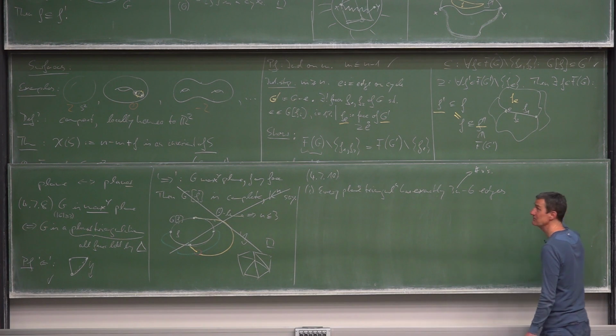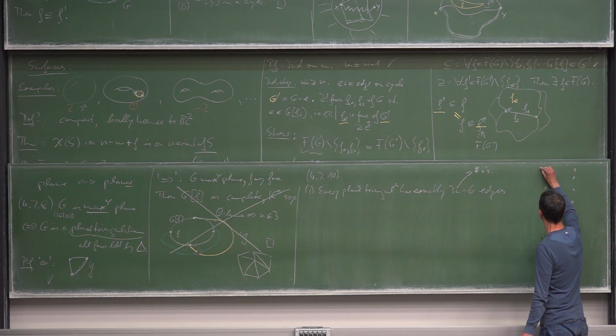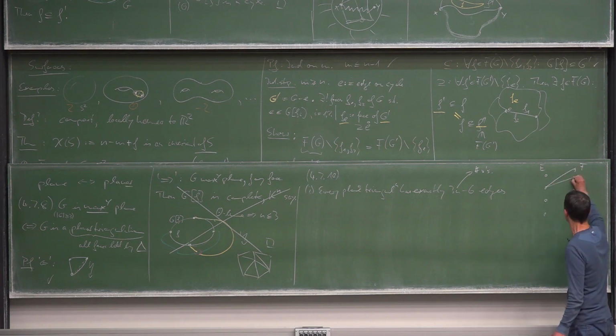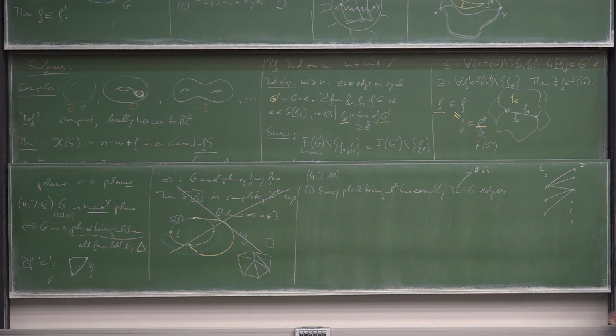There's a very simple way to do that. We draw a bipartite graph. And here we have the edges, and here we have the faces. And then we just make an edge incident with a face if it lies on the boundary of that face. Okay?